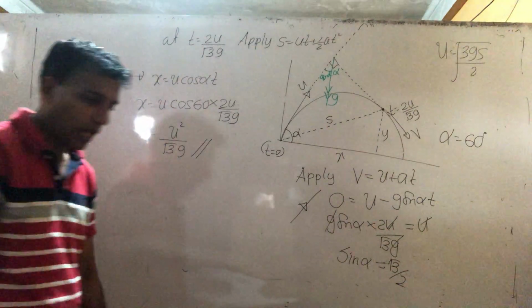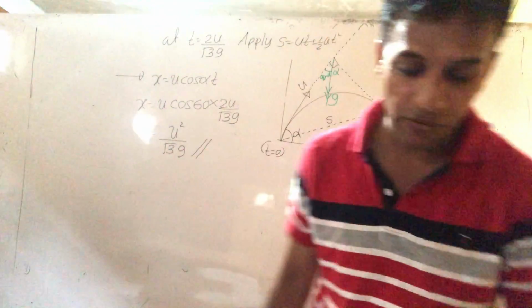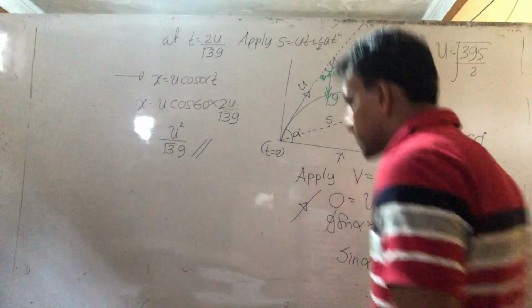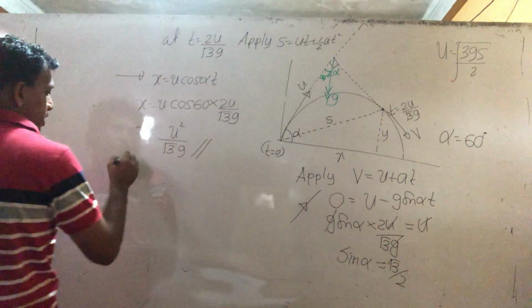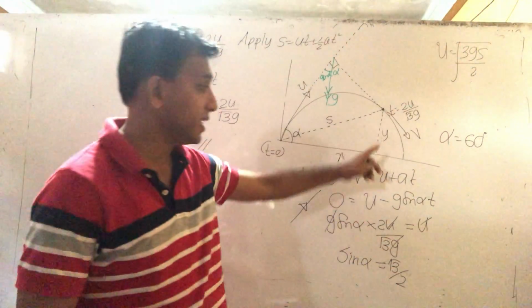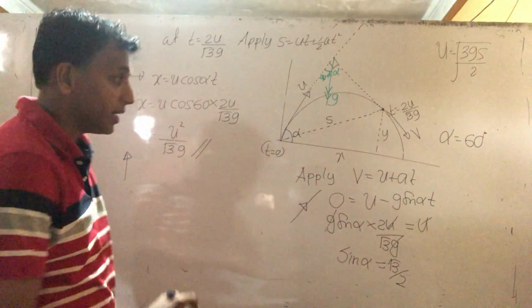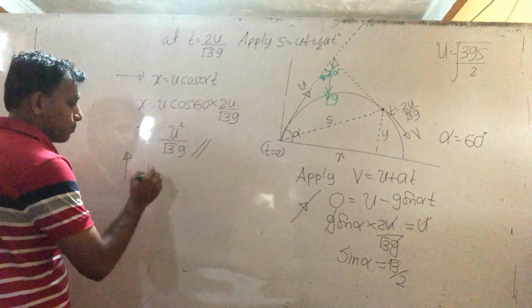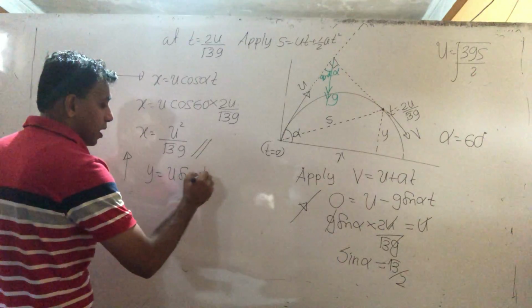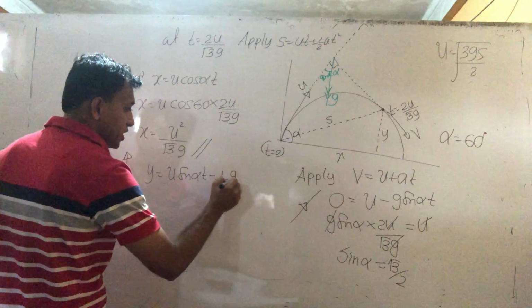We are applying this S equal ut plus half ft square. Now we find the y vertical component. Apply vertically after time t, the given duration. Vertically I said y, right? Y equal u sine alpha into t minus half g t square.